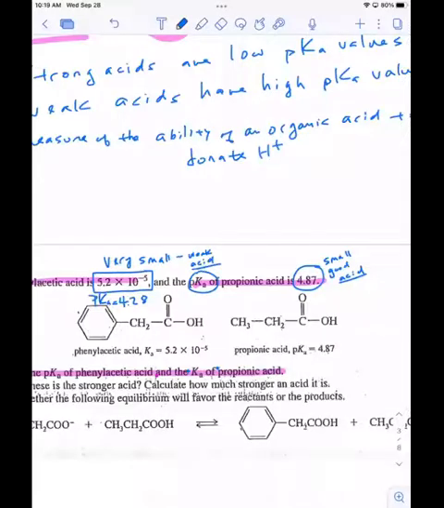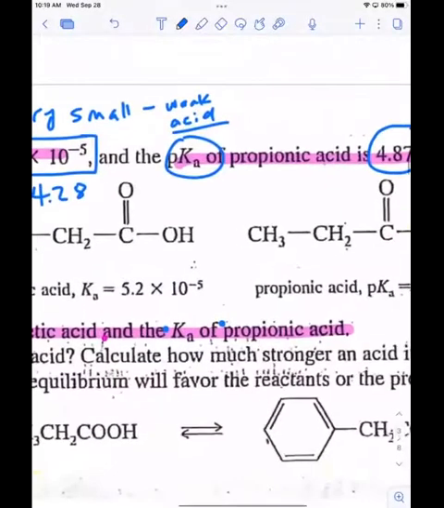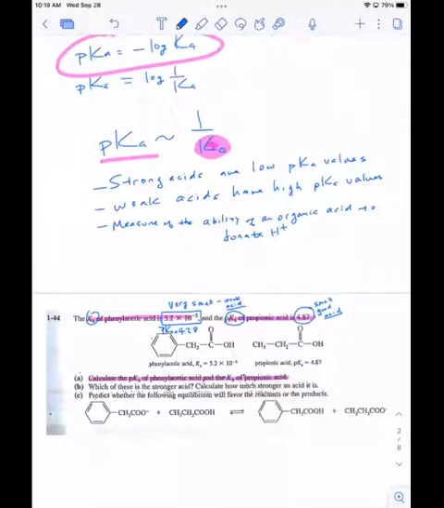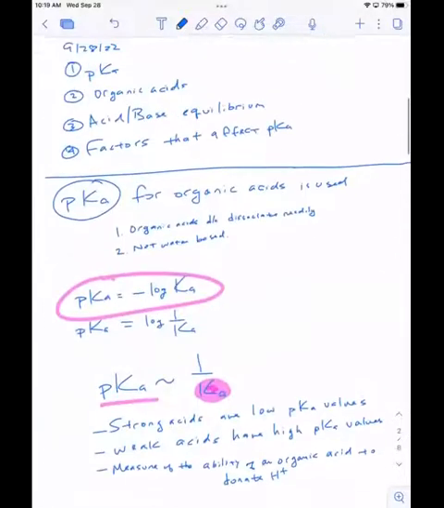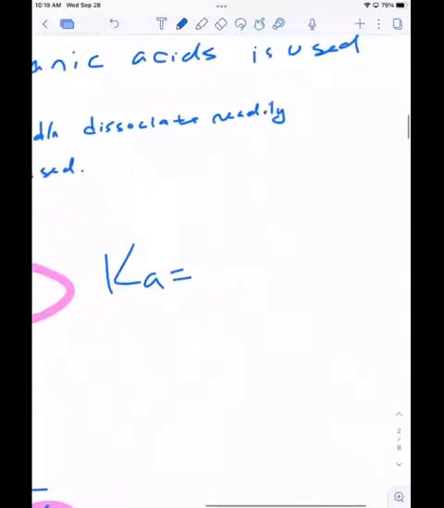All right, so now we have the pKa's of both. We can calculate the Ka as well. Wouldn't it be 10 to the minus pKa? Is that right? If pKa is a negative log of Ka, then Ka would be 10 to the minus pKa.